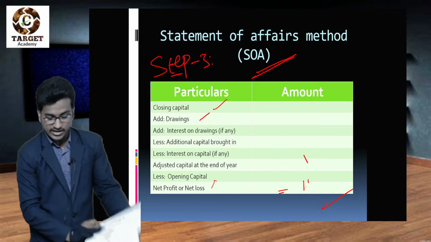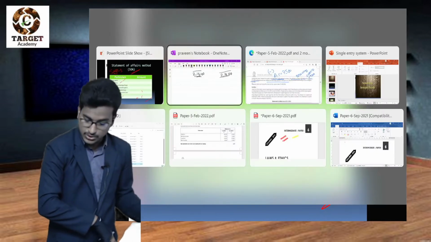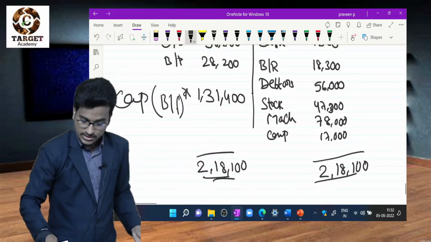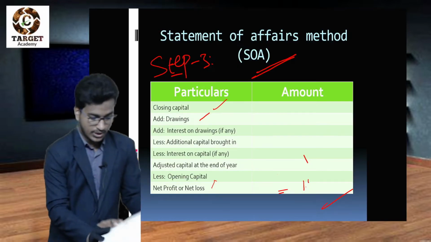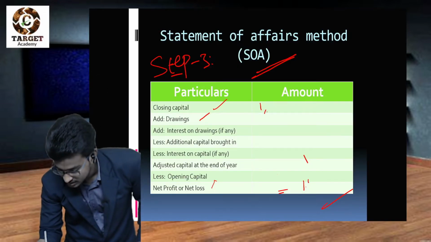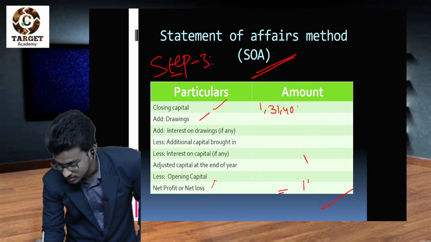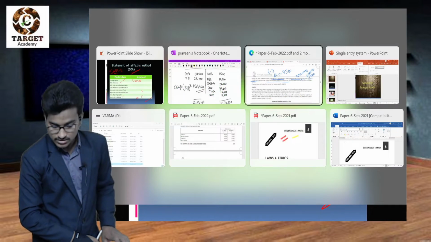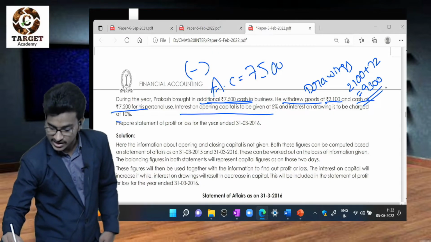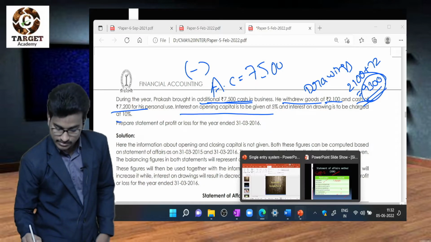Now tell me closing capital. Just now we found it out from step number 2. What is closing capital? See here, 131,400, right? So I have to write here 131,400. Drawings. See the question once. Total drawings 9,300, right?